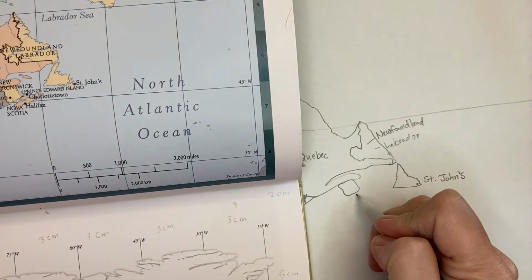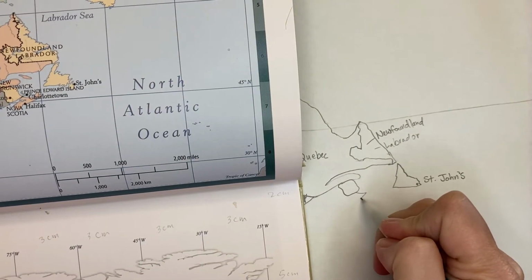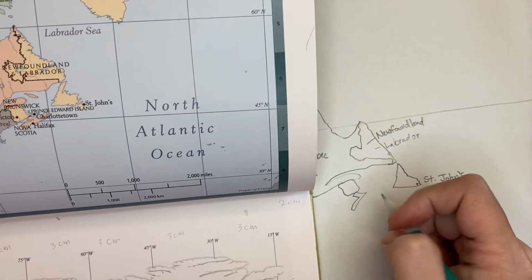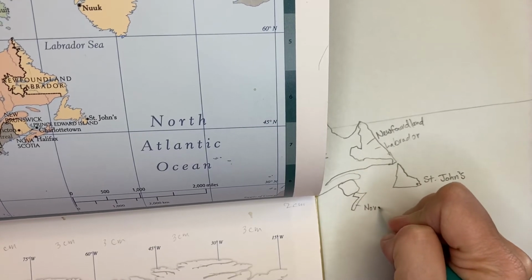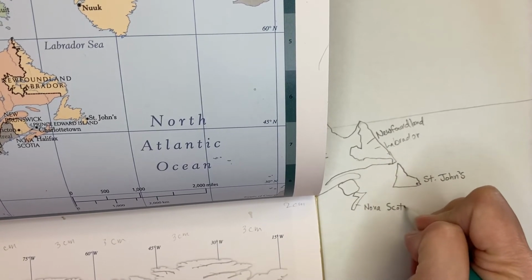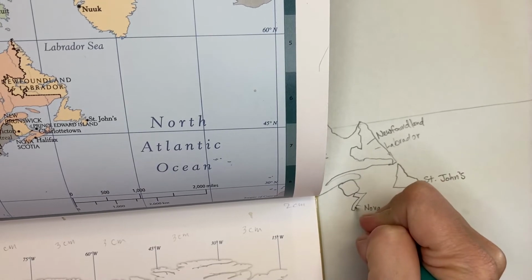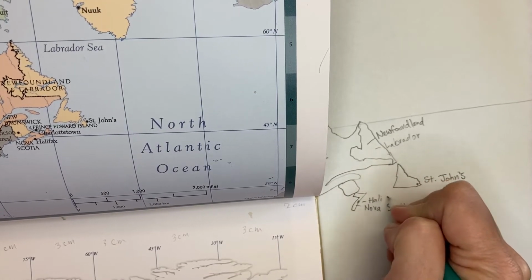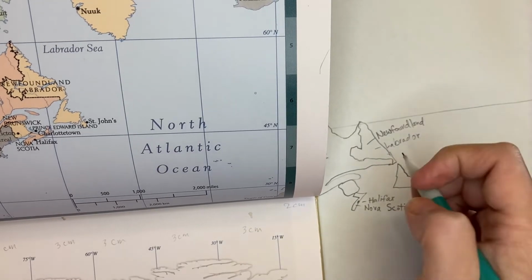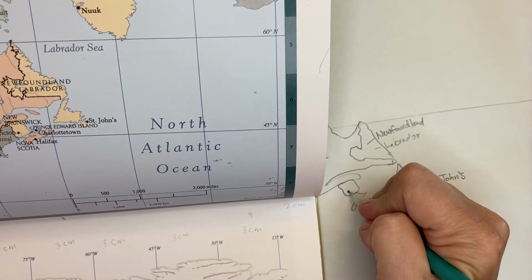That's Nova Scotia. So we're going to draw a high heeled shoe like this and down, kind of sideways, okay? All right, so we have Nova Scotia. All right, and the capital of that is right kind of in the middle, and that's Halifax. All right, New Brunswick is right here.